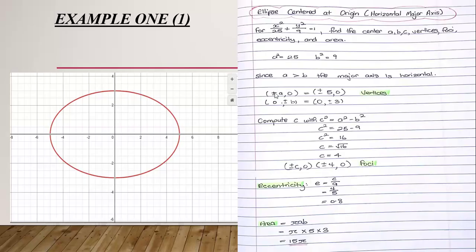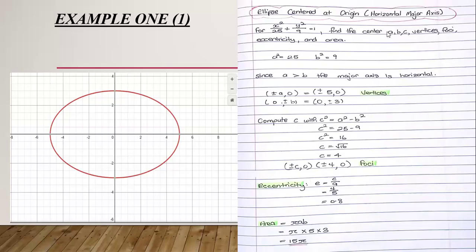The first one would be plus or minus a, 0, right? Or the next vertex would be 0, plus and minus b. Well, we know a would be 5 and b would be 3. That is how we get the 5 and 3 based on the information that they give us.